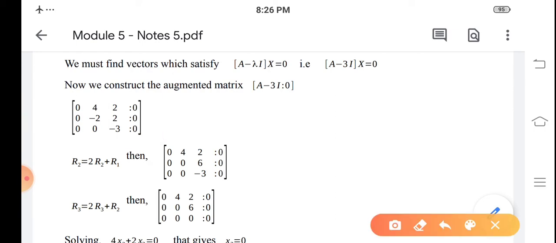Here, to get the echelon form, we require a row operation. The row operation is R2 equal to 2 times R2 plus R1. Then we are getting 0, 4, 2 | 0; 0, 0, 6 | 0; 0, 0, minus 3 | 0.